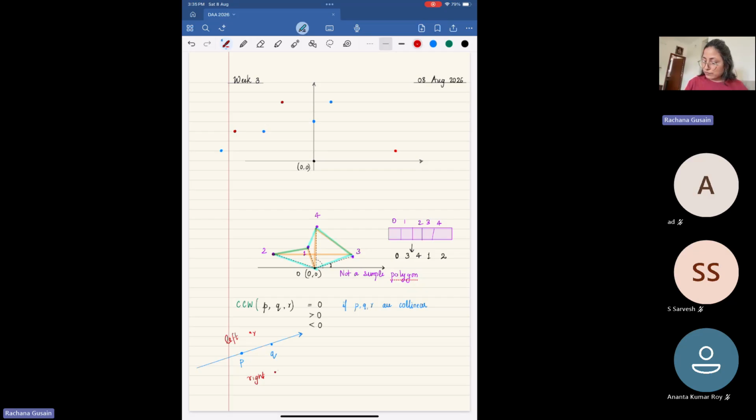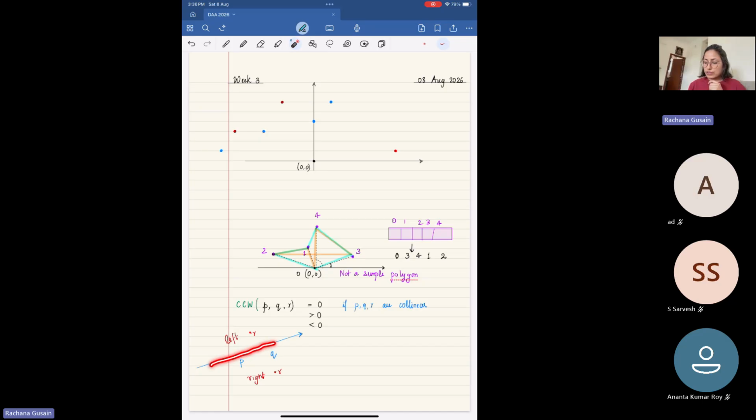Think of it as you are actually moving along this line, and now you want to move towards the point R. If I want to move towards a point in this region, I'll have to take a left turn. If you want to move towards a point in this region, I'll have to take a right turn.